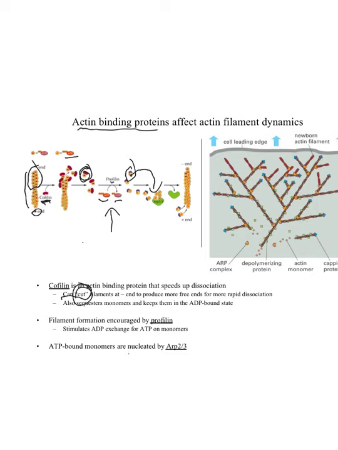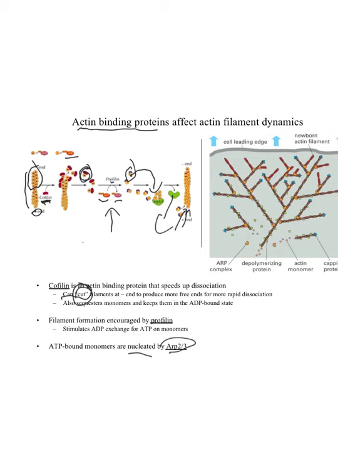The nucleating protein, the one that takes the 3 or 4 or 5 globular actins and forms a nucleus with them, that protein is known as ARP2/3. That's the name of that. It's a weird name, but that is the name of the protein. And once the nucleus is formed, the ARP2/3 moves away, and now we're ready to add ATP-bound monomers, preferentially to the plus end of the filament. And you can see that profilin is helping to aid in that process as well.